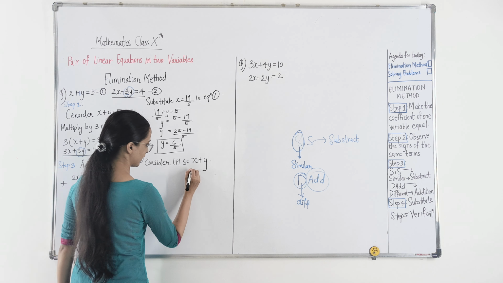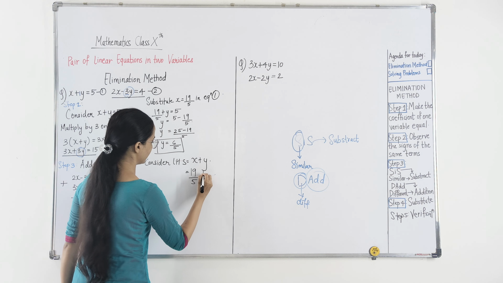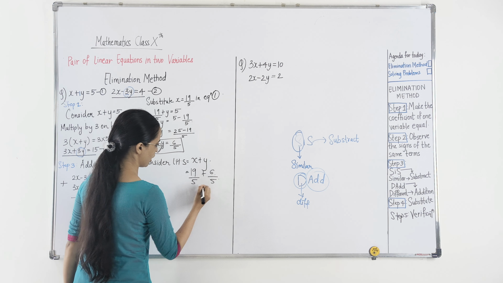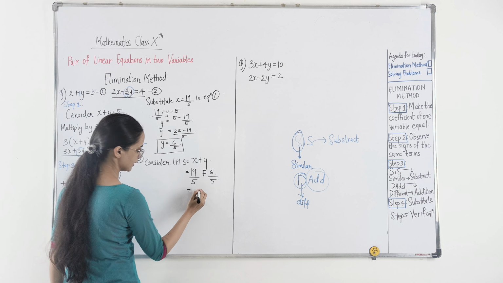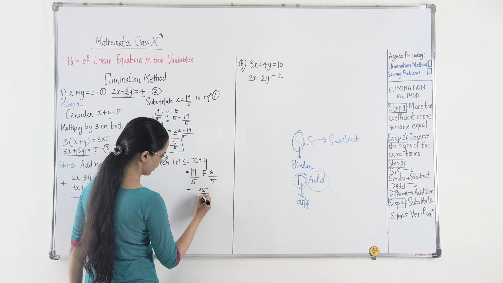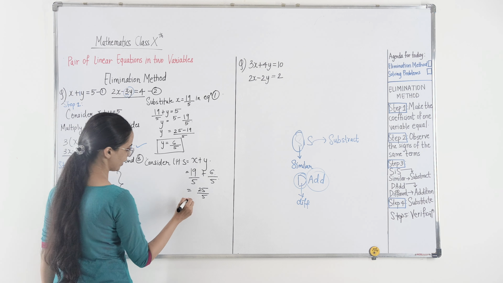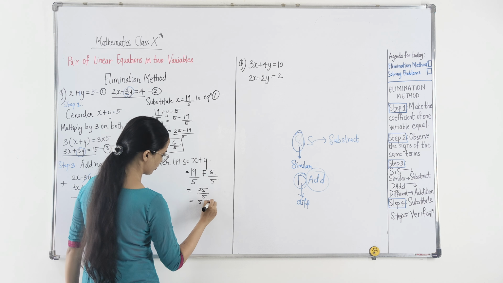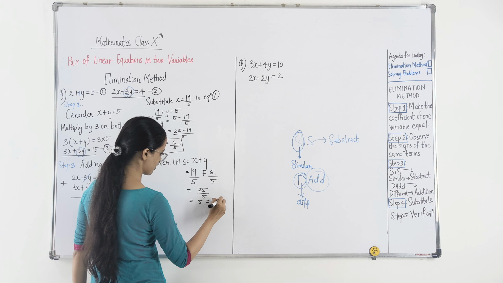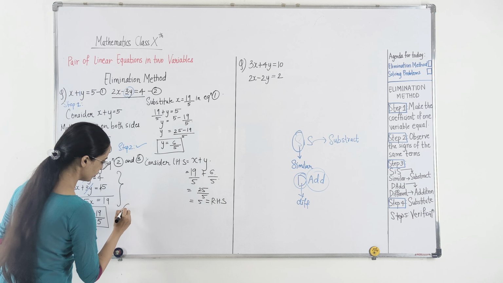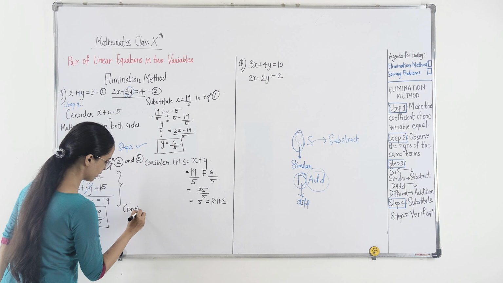Your x is 19 upon 5 and y is 6 upon 5. 19 plus 6 is 25 upon 5, and 25 divided by 5 is 5. So this is equal to your RHS.